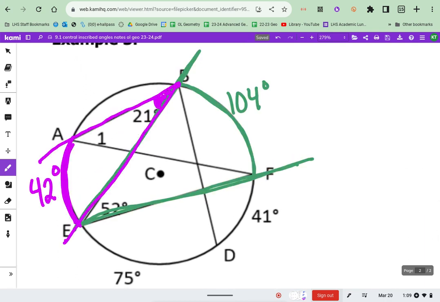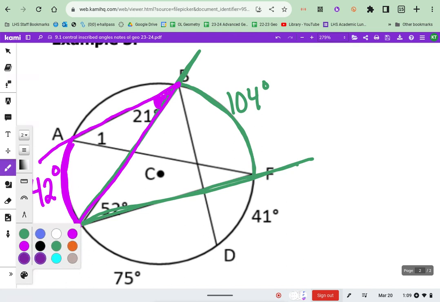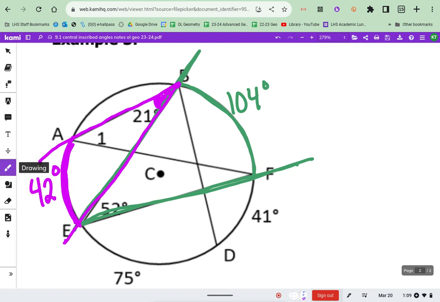Okay. We're also going to need to find angle 1. So now I'm wondering if we have enough information for angle 1 already. So let's check it and see. Pick a different color from your table, and we're going to trace out the edges of angle 1.